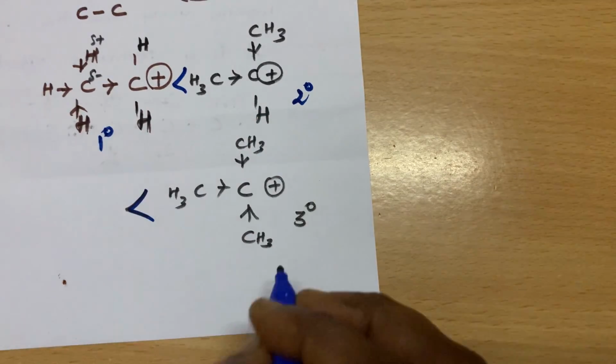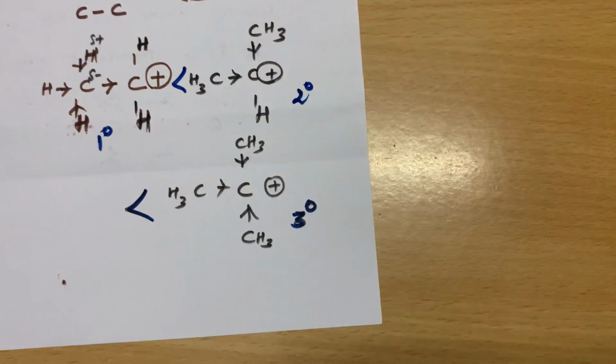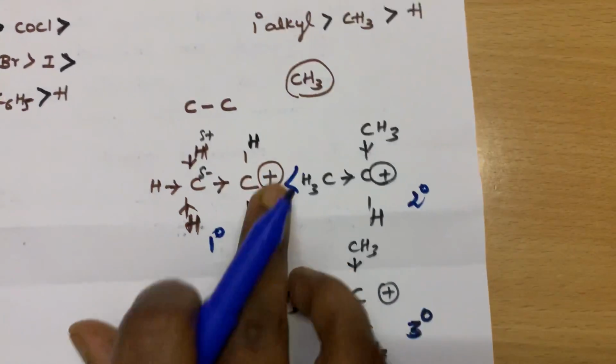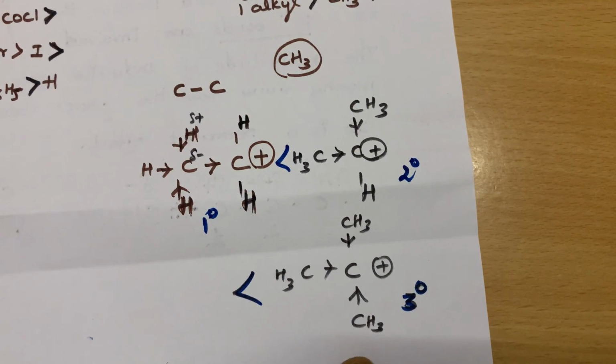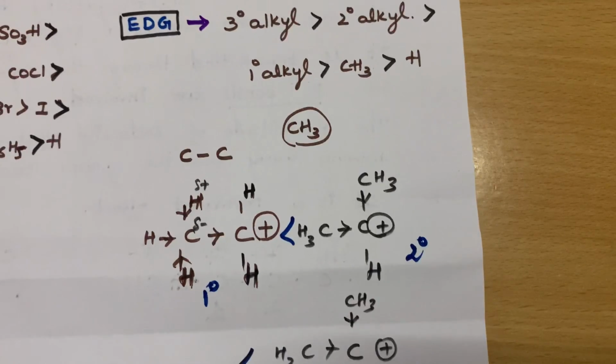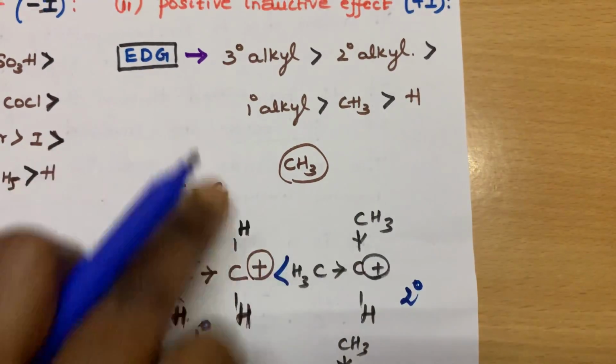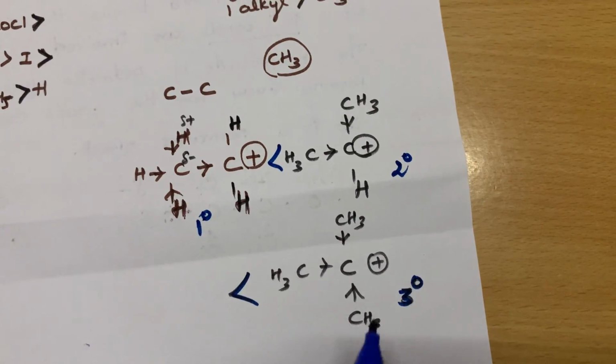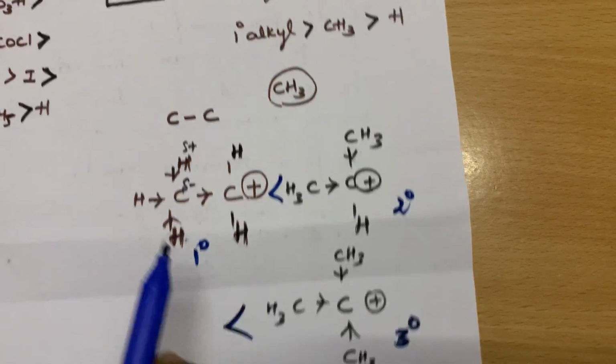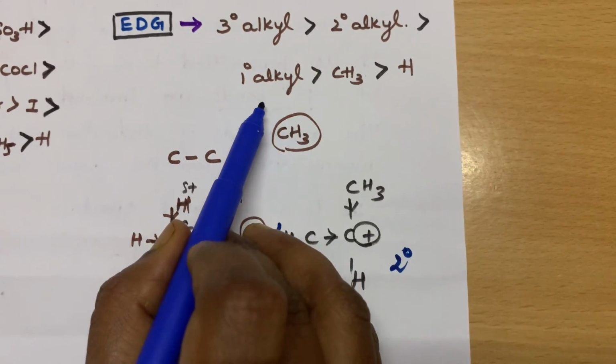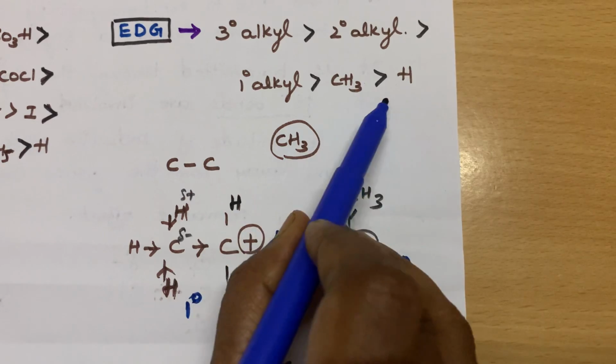This is the reason: the plus I inductive effect of the methyl group, your alkyl group. That's why your tertiary alkyl is more contributing than your secondary alkyl, primary alkyl, your methyl, and then comes your hydrogen.